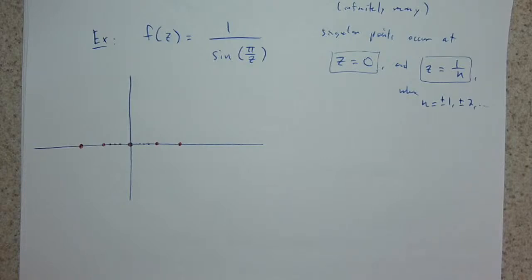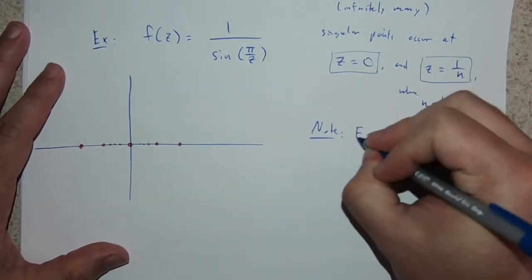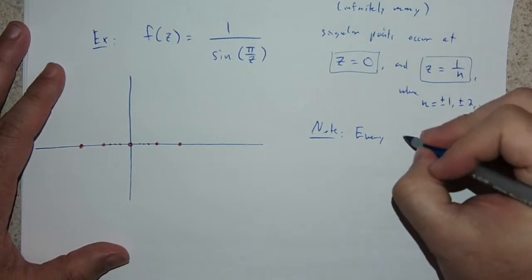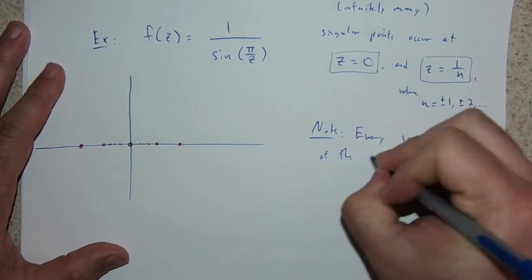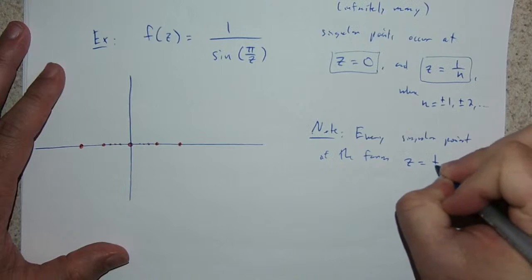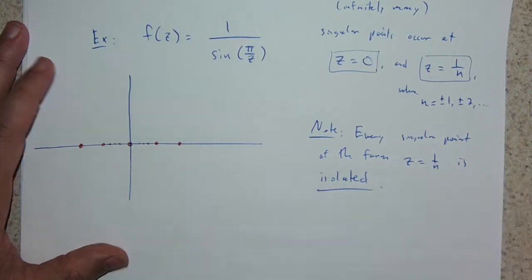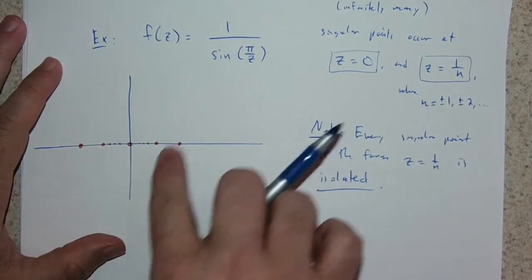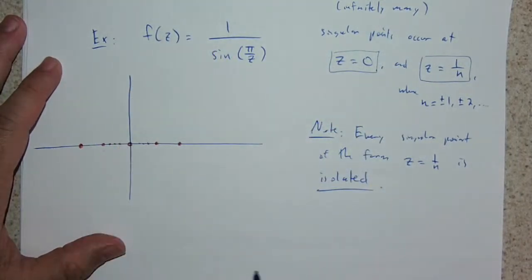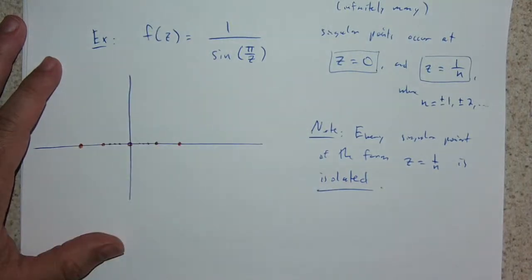Okay. Now, note. My first thing to say is that every singular point of the form z equals 1 over n is isolated. How do I notice that? Well, look at, so this thing only has these singular points I've indicated here. So for instance, at this point, to see that it's isolated, I just need to find a deleted neighborhood of this point, such that f is analytic on that whole deleted neighborhood, right?